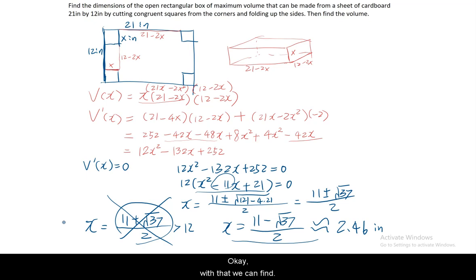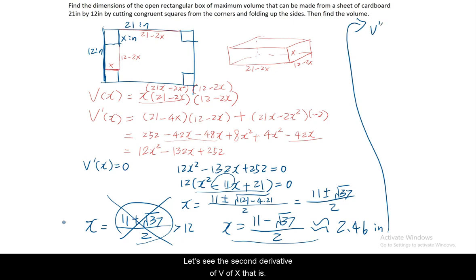Okay, with that, we can find, well, do we have the absolute maximum? Let's see, the second derivative of v of x. Okay, so differentiate that one, that's 24x minus 132.